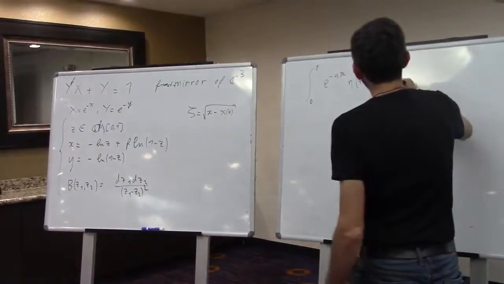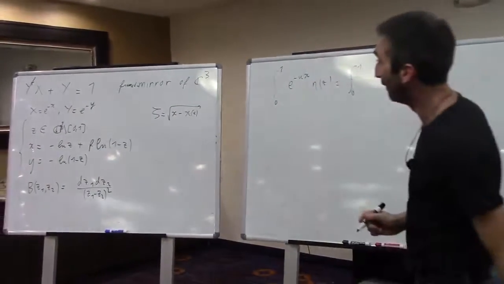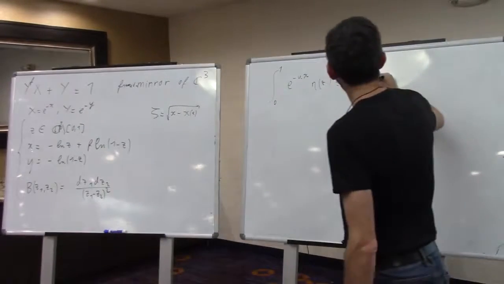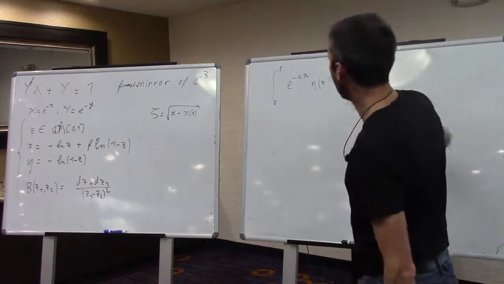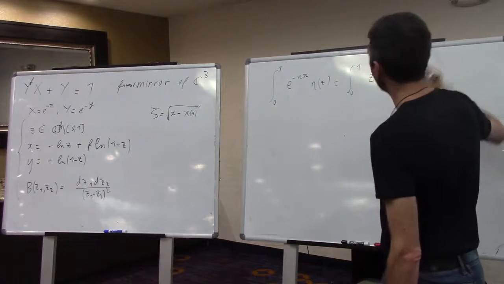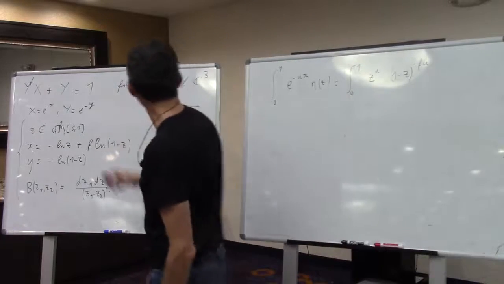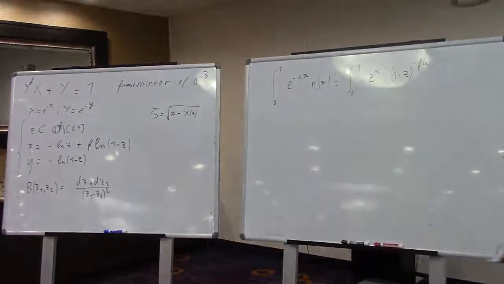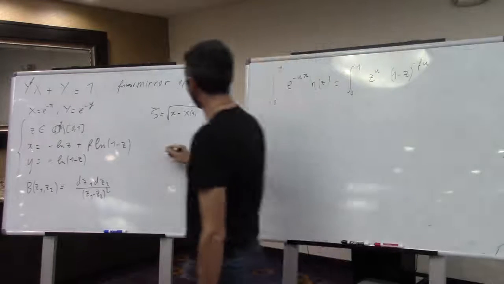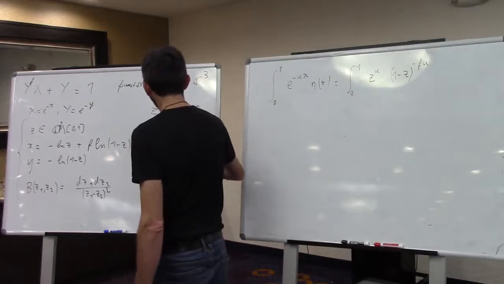So this is the integral from 0 to 1 of e to the minus ux, z to the power u times 1 minus z to the power minus fu. So this is just exponential minus ux times eta, and here eta is y dx.